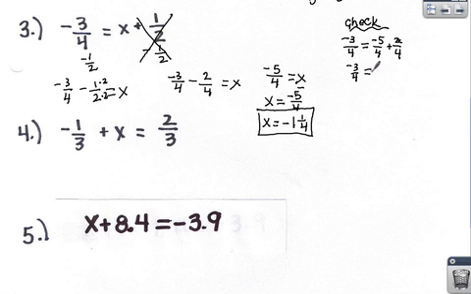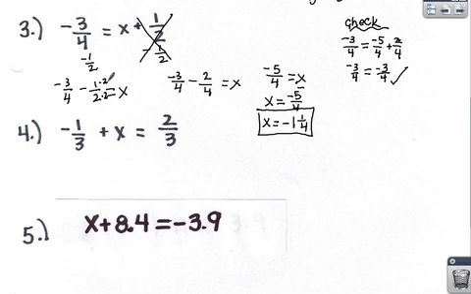And I do get that negative 3/4 equals negative 3/4. So that worked. Now, number 4, we have negative 1/3 plus x equals 2/3. Pause the movie and determine what you think you should do for number 4, and resume when you're ready.